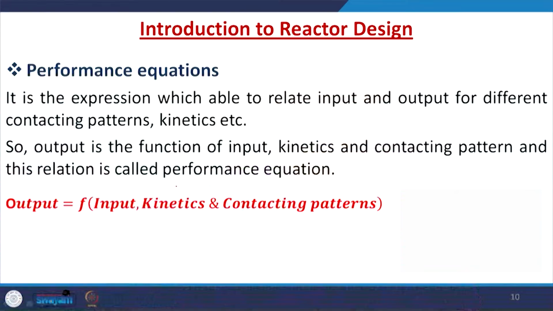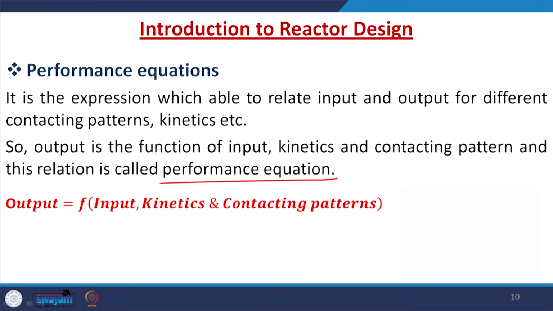So the output is usually a function of the input stream, whatever the concentration of your raw material, whatever you are putting inside that reactor, then the kinetics, and then the contacting pattern, and this relation is called the performance equation.